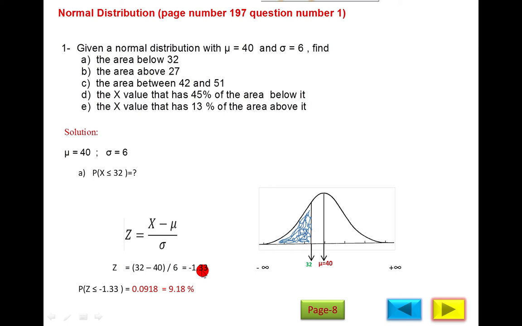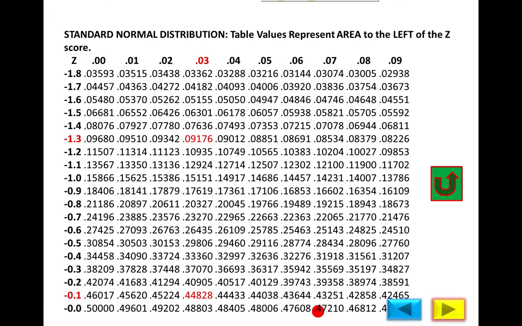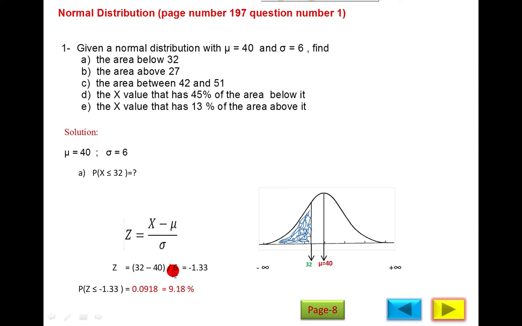In the normal distribution table given on page number 8 in this video, minus 1.33 is the value of Z and this is the area or the probability. In this part, the value of Z is minus 1.33.